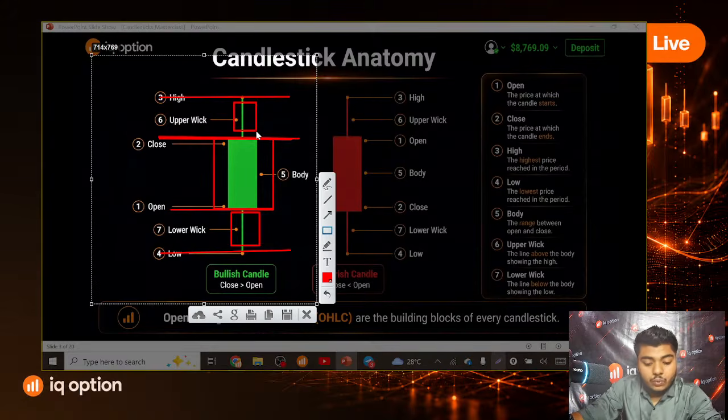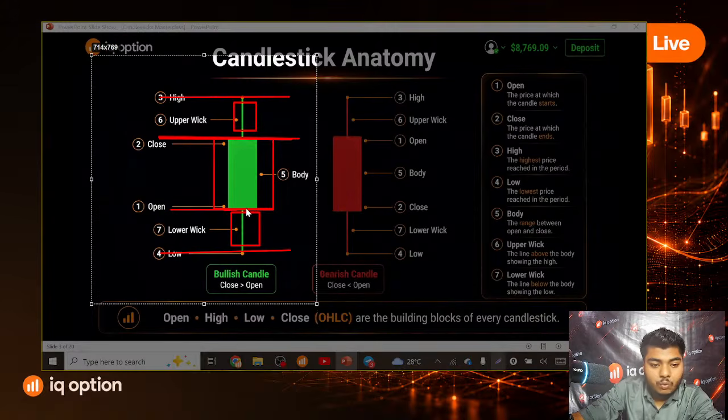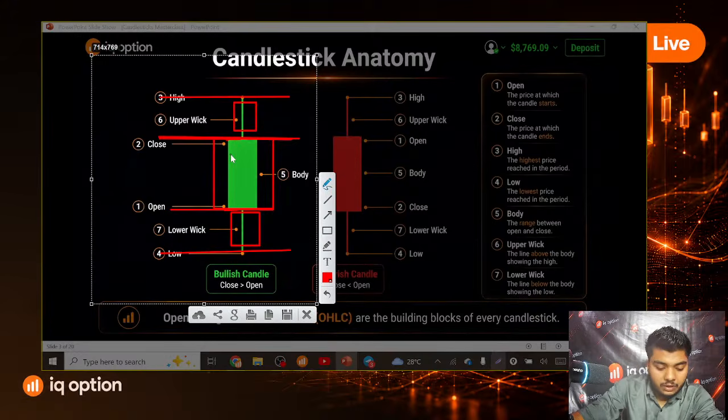The body shows the distance between the opening price and the closing price of the candle. The wick shows that the price moved beyond the open and close before returning. Once you understand this, reading candlestick patterns becomes much easier.